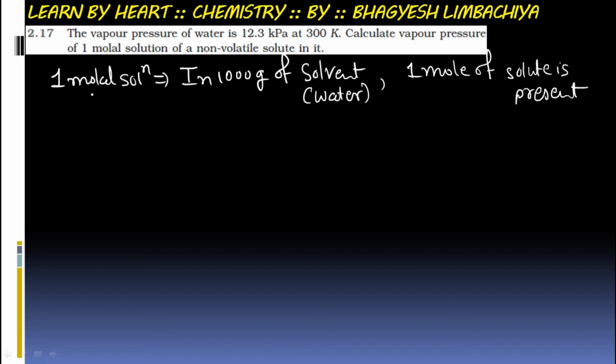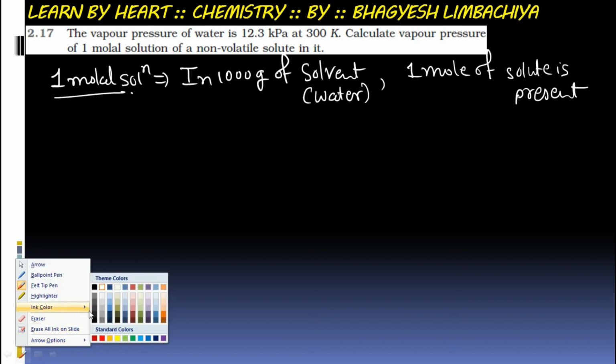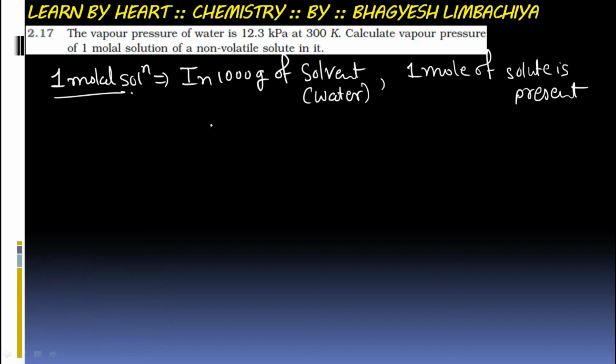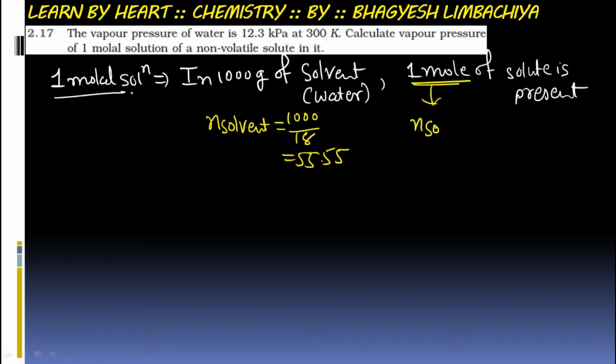It means the solution is 1 molar. So based on this mass of solvent, we can calculate the number of moles of solvent, and it is 1000 divided by 18, so it is 55.55, and directly we can take the number of moles of solute as 1. Now here also Raoult's law is applied.